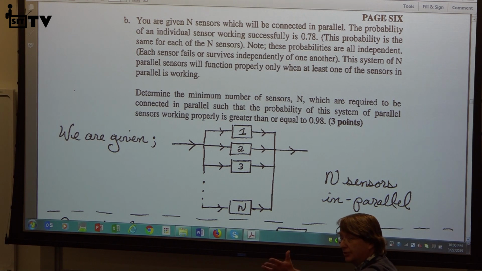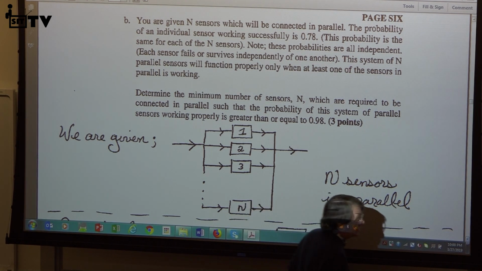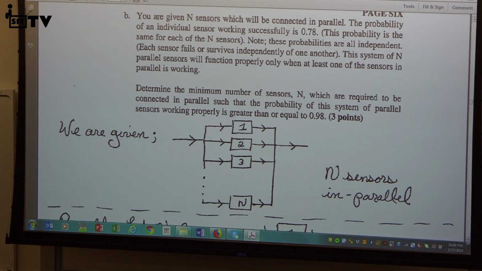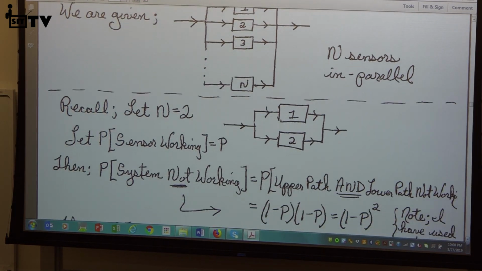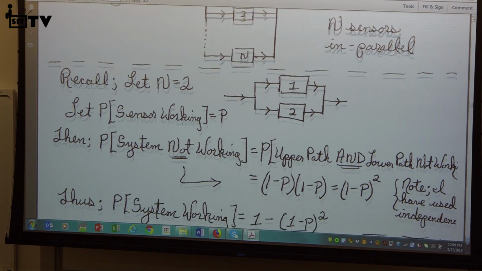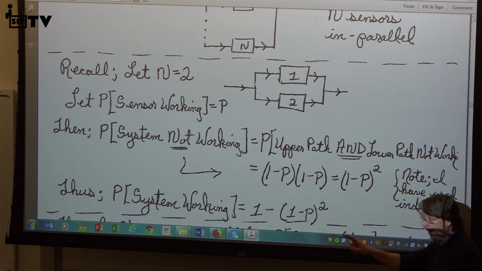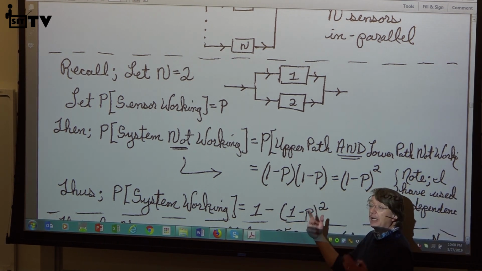My colleague here knows. This now becomes, for n sensors in parallel, what is the probability of working? So what I wrote on the board, I wrote here to remind myself, if I had two sensors, it's 1 minus the quantity, 1 minus p squared.